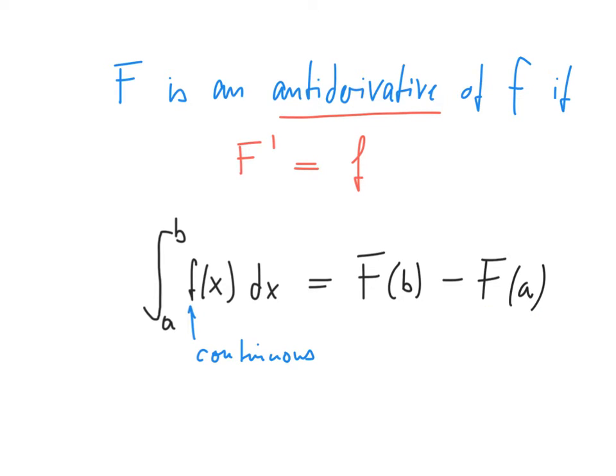This version emphasizes that the fundamental theorem of calculus gives us a great way to compute definite integrals, because all we need to do is find an antiderivative of the original function and then subtract the two values of the antiderivative at the boundaries of the integration interval. So that's very nice.